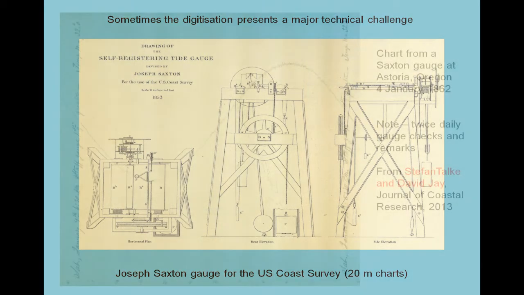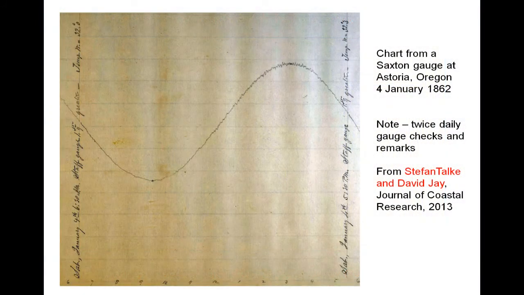And how do you digitise that? But they've used photographic methods, and what's made the job easier is that in the US there were 2 tide pole measurements every day, which you can see here superimposed on the trace of the tide gauge. And that's really excellent information.